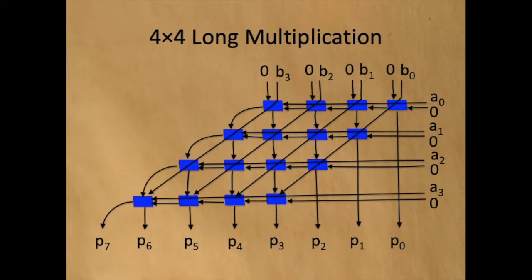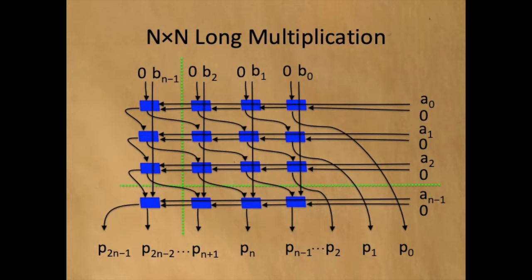Each row represents multiplying one bit of the A vector by all of the bits of the B vector, and then all of the resulting rows will be added together to produce the product. This diagram is organized by the position of the bit in the sum. This is the standard long multiplication that everyone learns in school, and variations on this algorithm are also used in hardware multipliers.